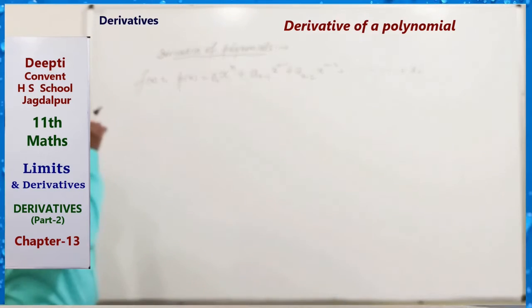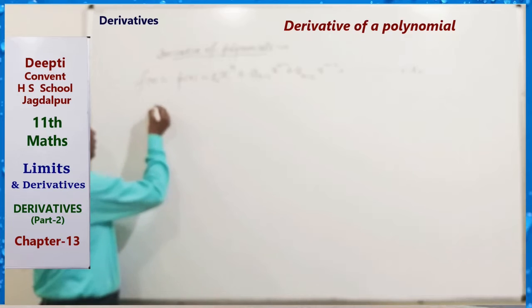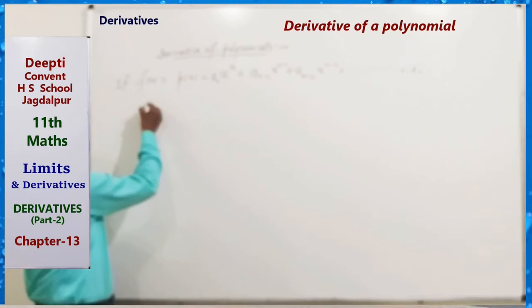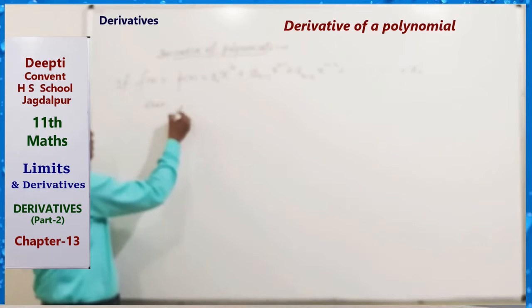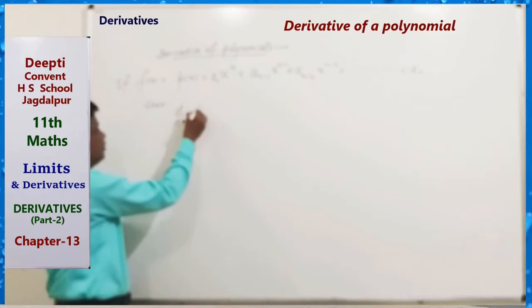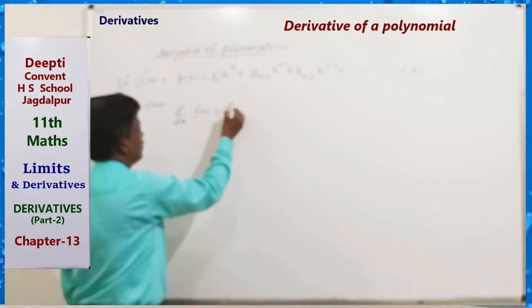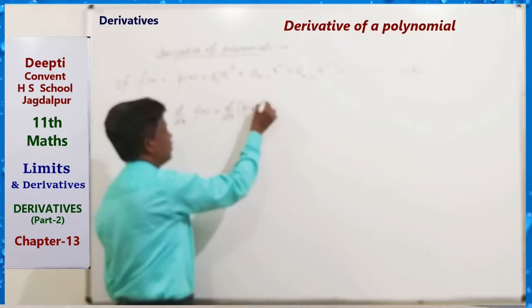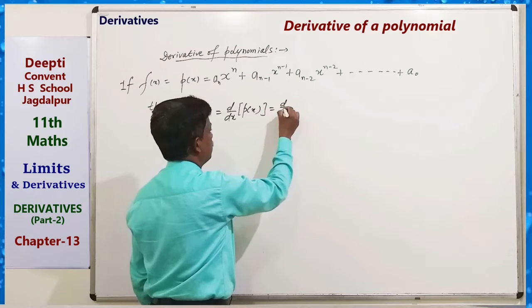If this is a polynomial, then the derivative of f(x), that is the derivative of the polynomial P(x).